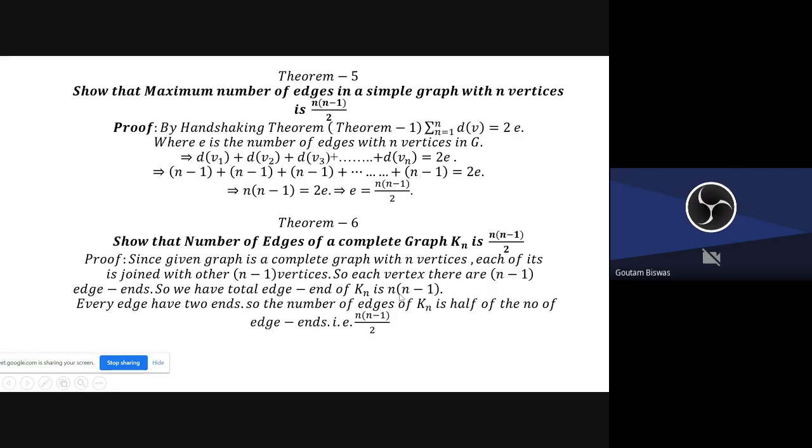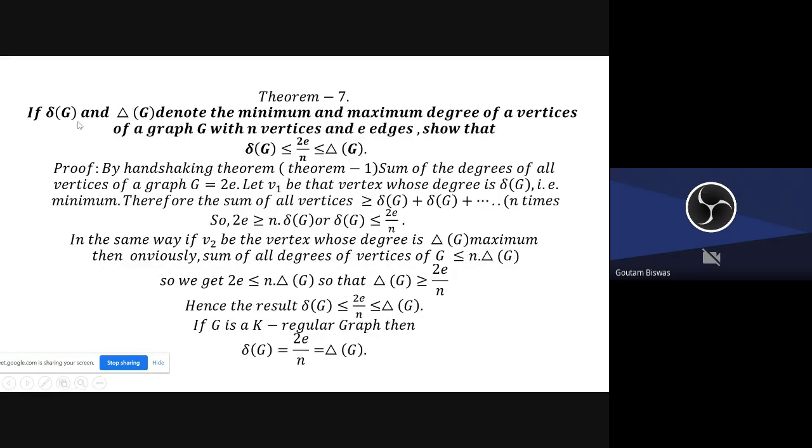Okay, can easily understand. Next one is, if small delta G and capital delta G denote the minimum and maximum degree of vertices, then this relationship holds. By the handshaking theorem, the sum of the degrees of all vertices is twice e. Let V1 be the vertex whose degree is delta G, that is the minimum degree. Every vertex has some degree, it may be any one.